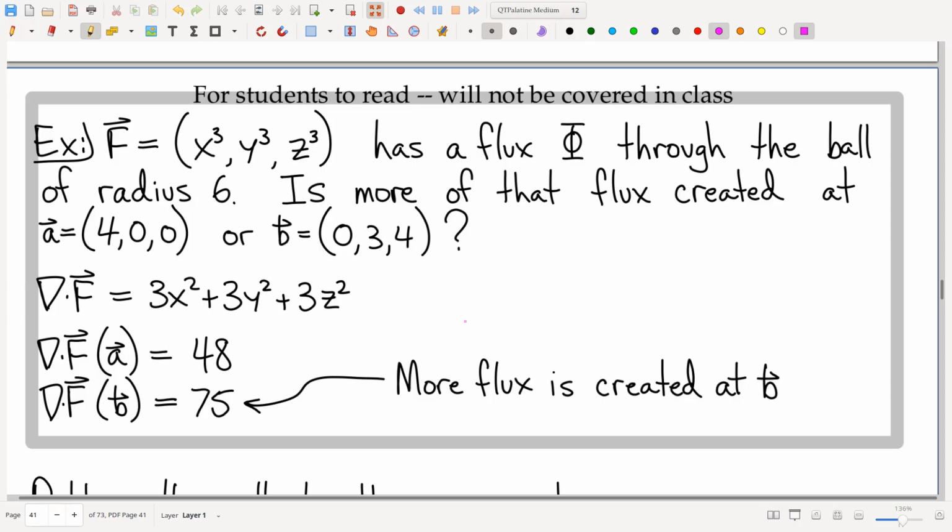Where the derivative tells you where change is happening. Of course, derivatives tell you where change is happening in some sense. And in the same sense, divergence tells you where flux is happening.